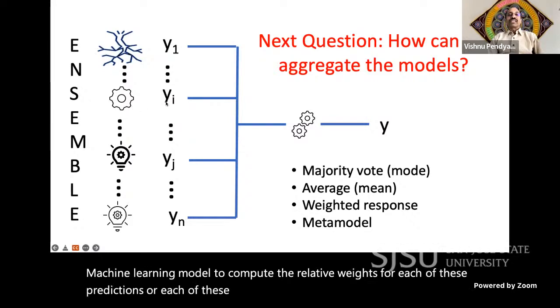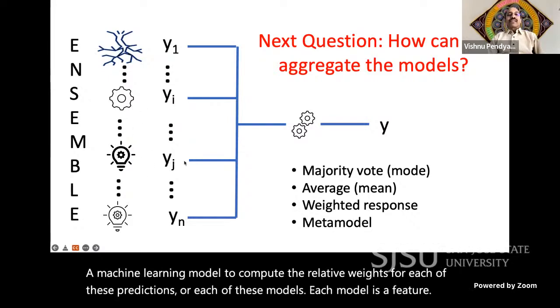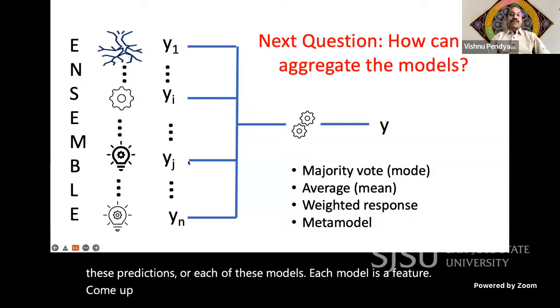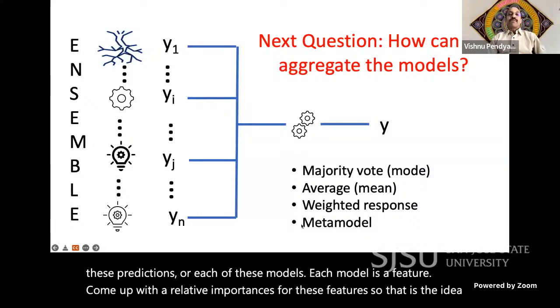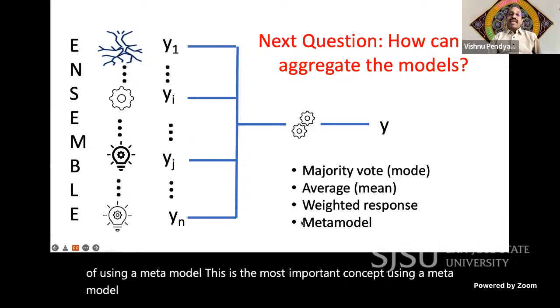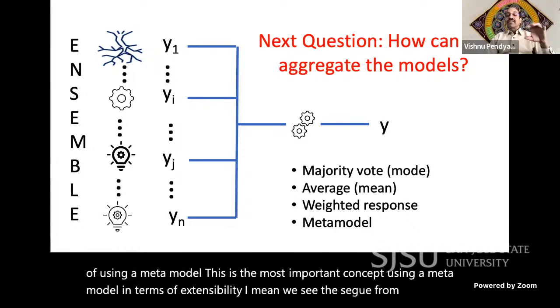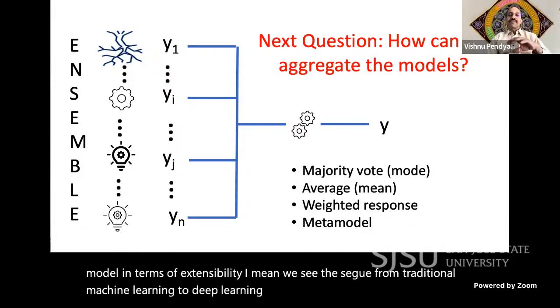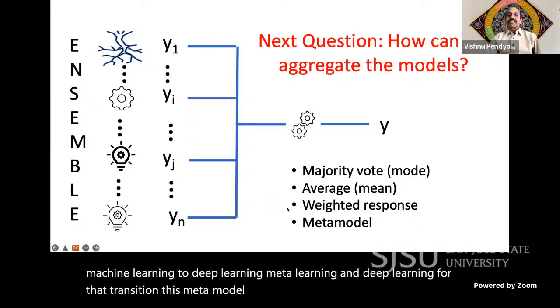Each model is a feature, and we come up with relative importances for these features. So that is the idea of using a meta model. This is the most important concept, using a meta model, in terms of extensibility. We see the segue from traditional machine learning to deep learning, meta learning and deep learning. For that transition, this meta model idea is very important.